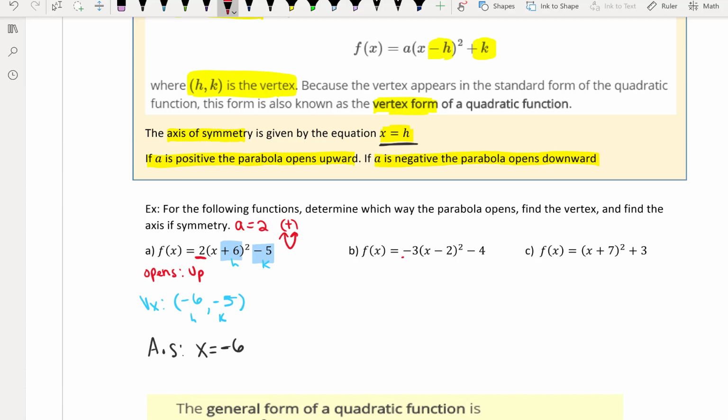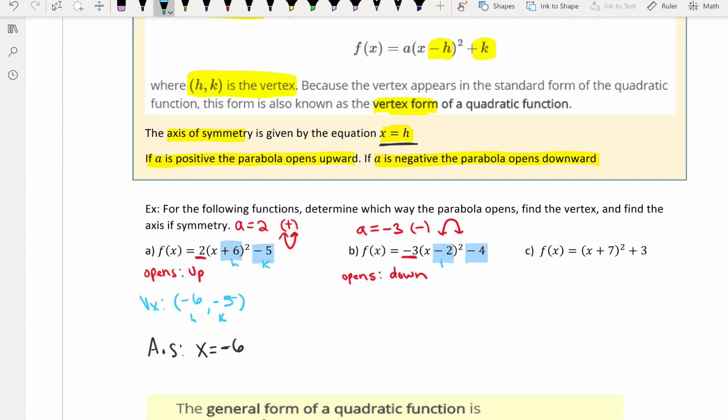So here, let's look at this a value. This a value is -3. It's negative, so it's going to be a sad parabola. So we know that this is going to open down. I can also tell you the vertex, which is here and here.